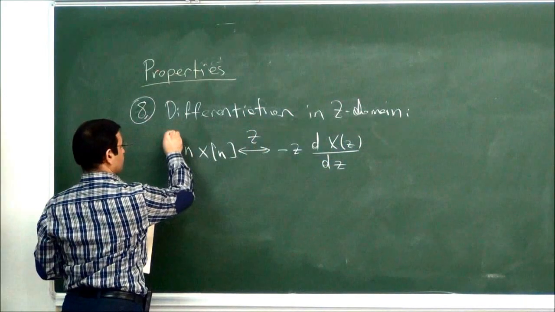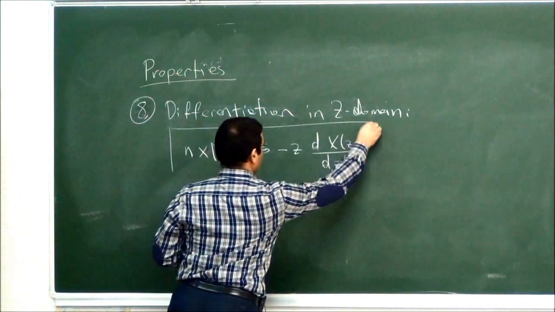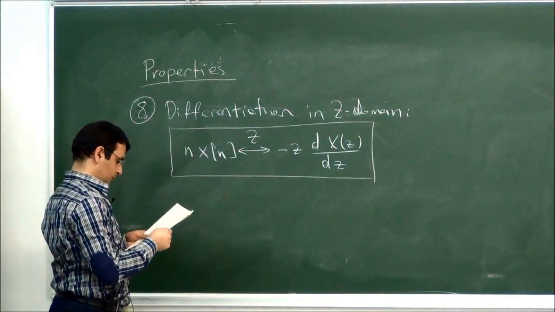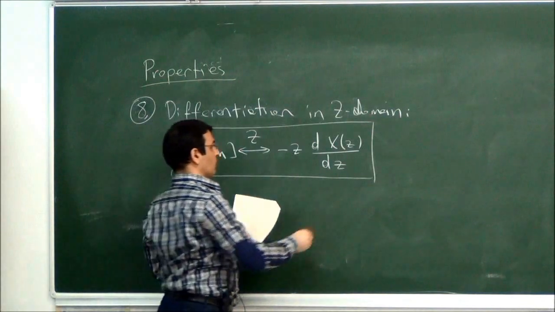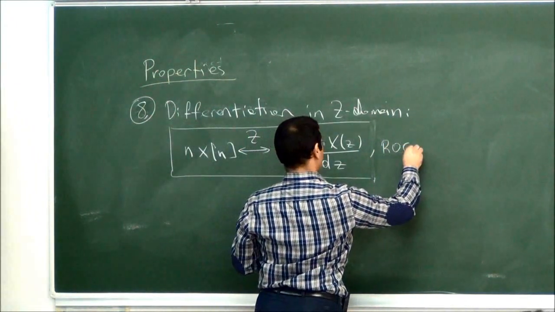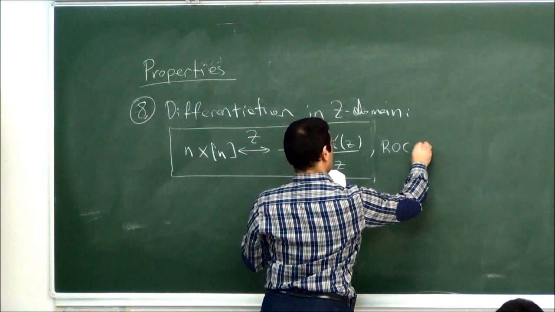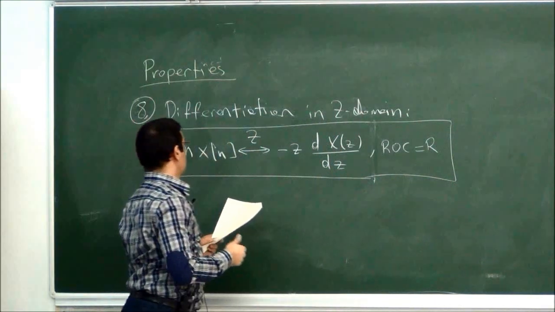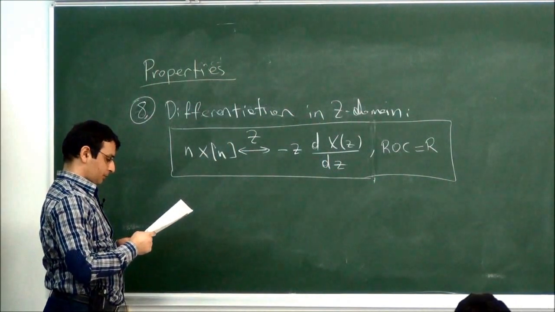The one important thing is the region of convergence in this case. So the ROC will not change and it is still R.